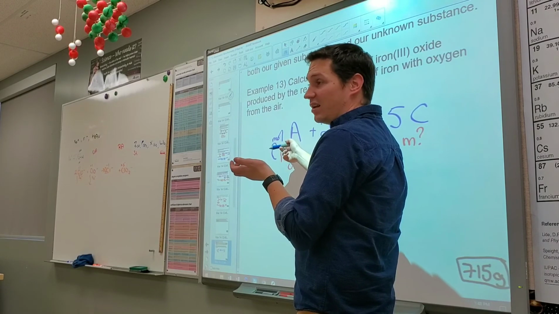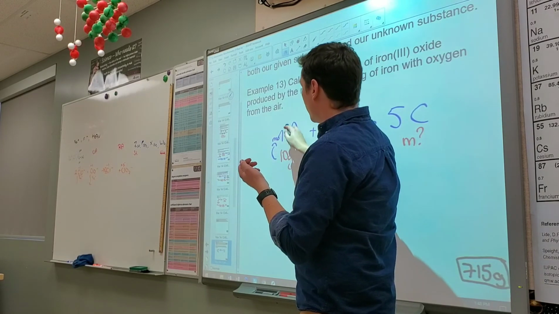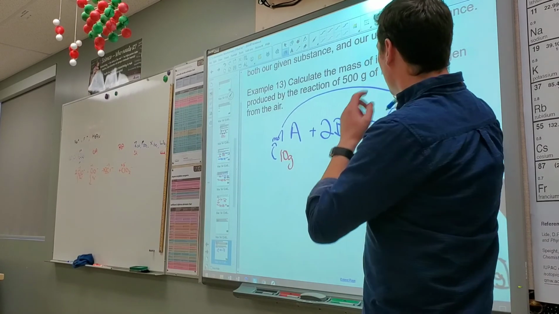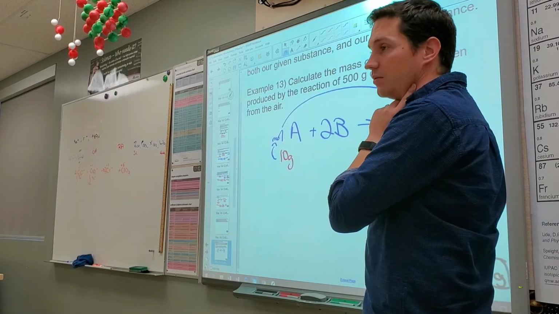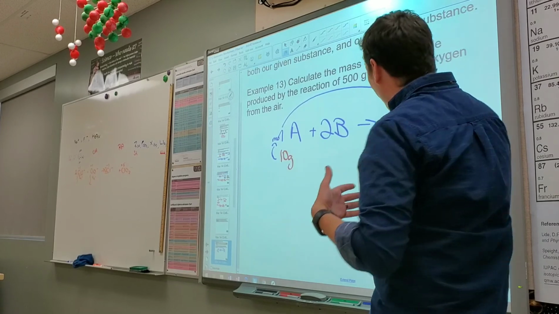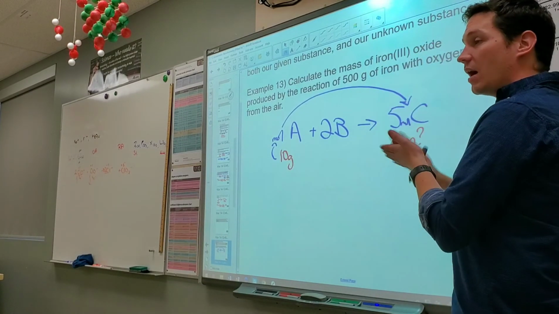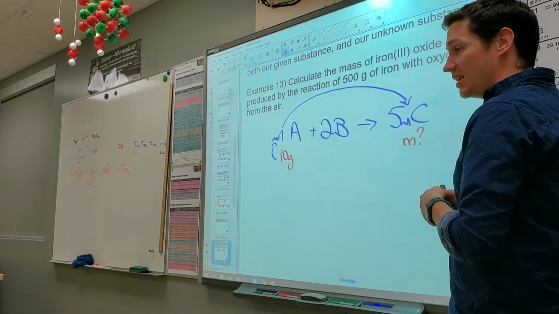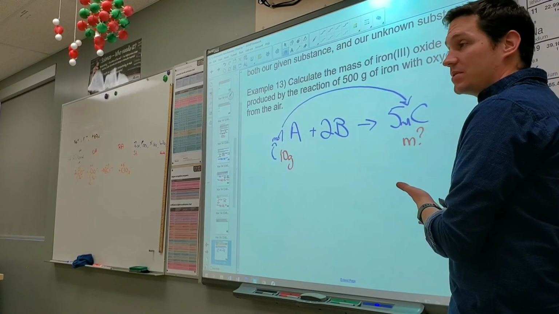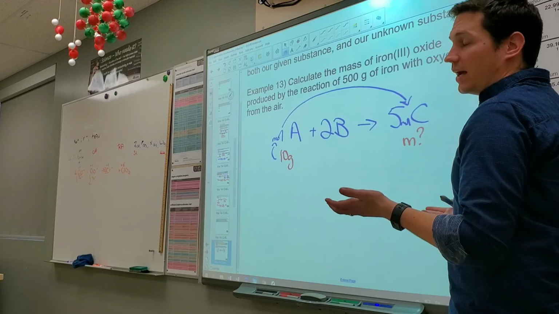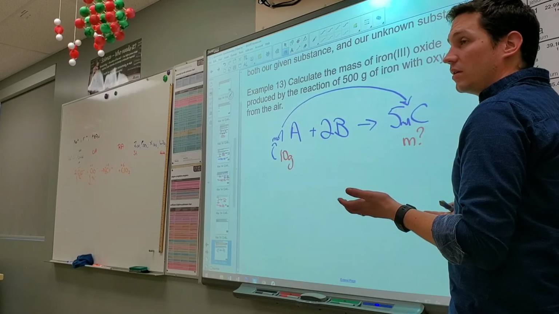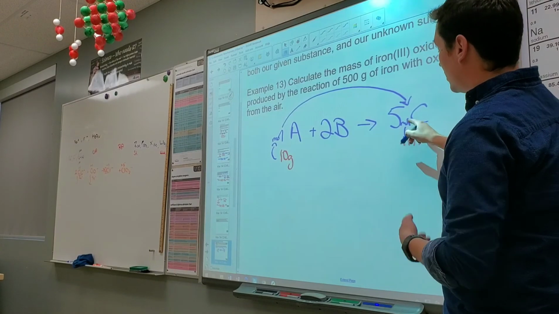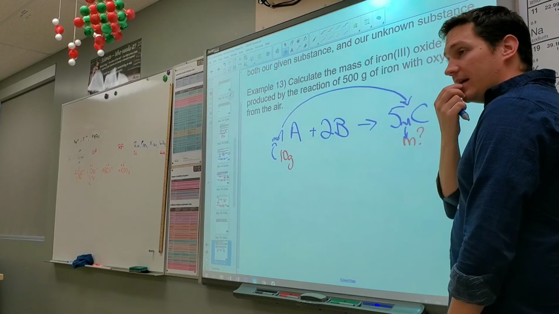Would you agree with that? Then I can convert from moles to moles using the molar ratio. Would you agree with that? Now finally, I've got the number of moles in real life of substance C, but I want the mass of substance C. So what do I have to use? I need the molar mass of substance C.